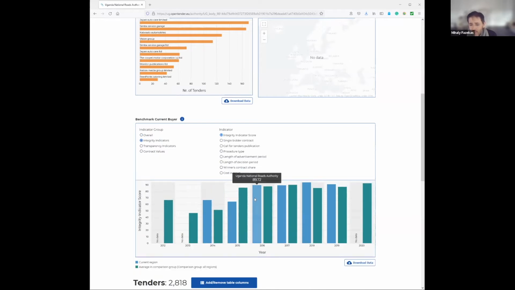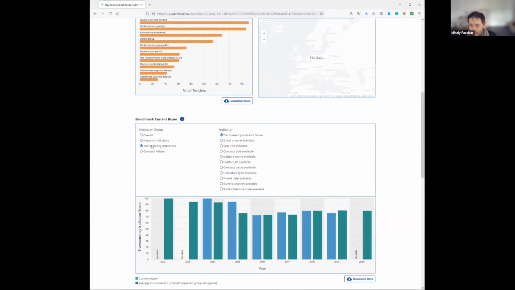And for each year, I see the selected authority, the Uganda National Roads Authority, and a selected benchmark comparison group average score. In this case these are authorities which spend big on the construction sector, and you can see how it slightly overperforms, so having higher integrity than other similar organizations.